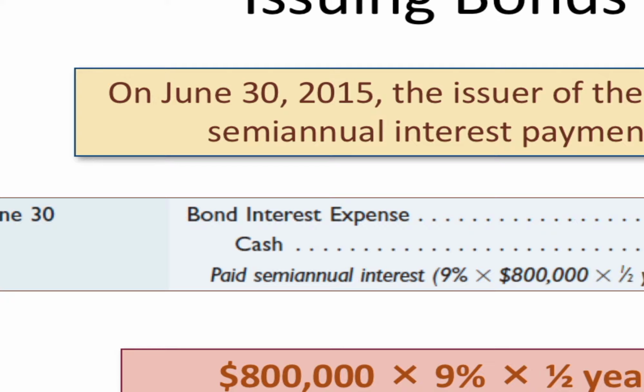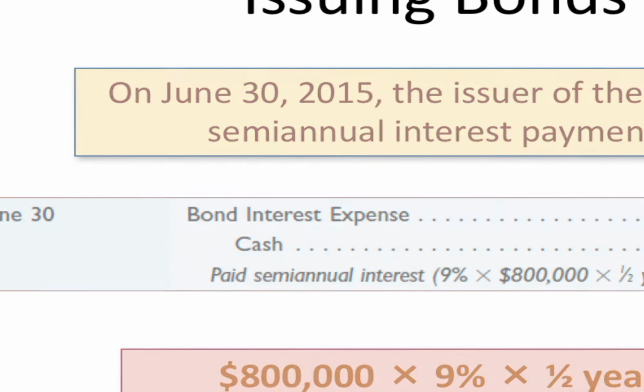Once you figured out what the annual payment's going to be, in this case it would have been $72,000, divide that in half, and as of June 30th, we would record the cash going out to pay for that interest expense, and the expense would be recorded as well. And then that would occur every 6 months for that entire 20-year period.